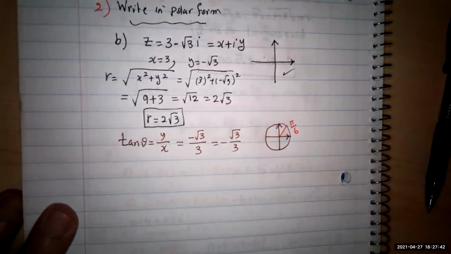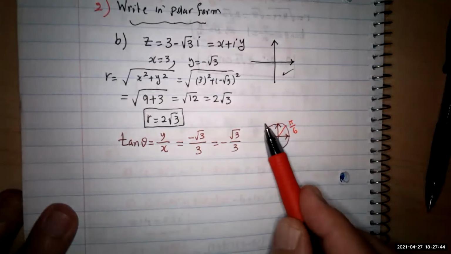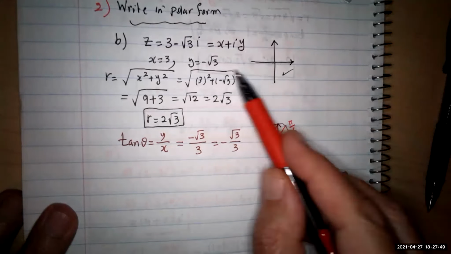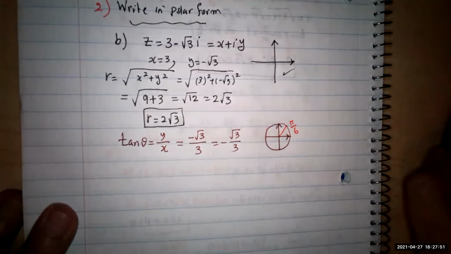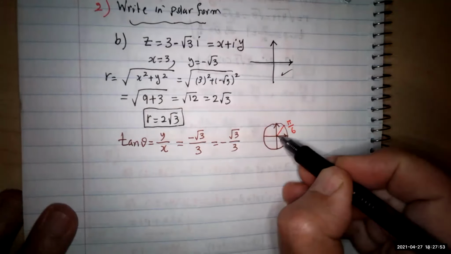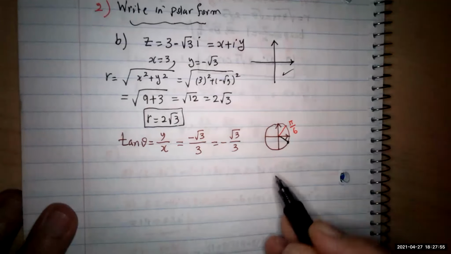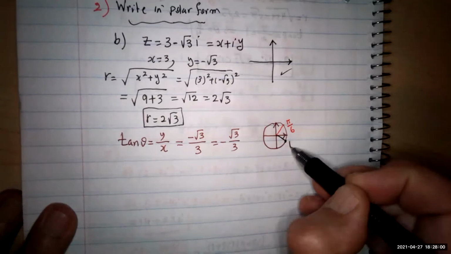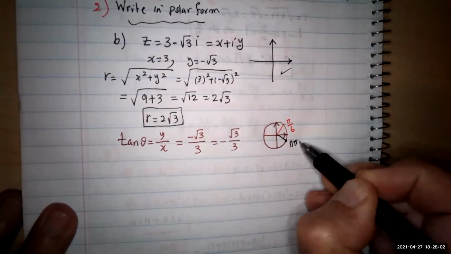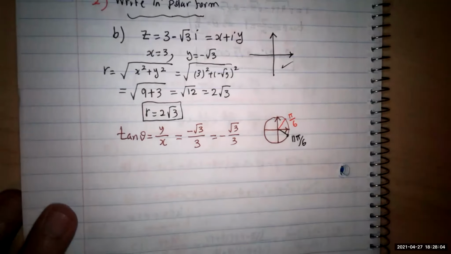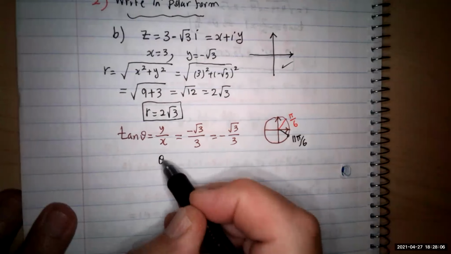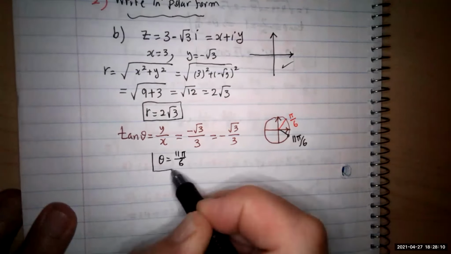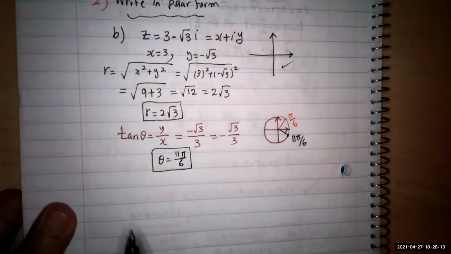It's either in the second quadrant or the fourth, but we know we must be here. So this is 30 degrees below the axis: 11 pi over 6, 330 degrees. So theta is going to be 11 pi over 6. I should get this precise one.